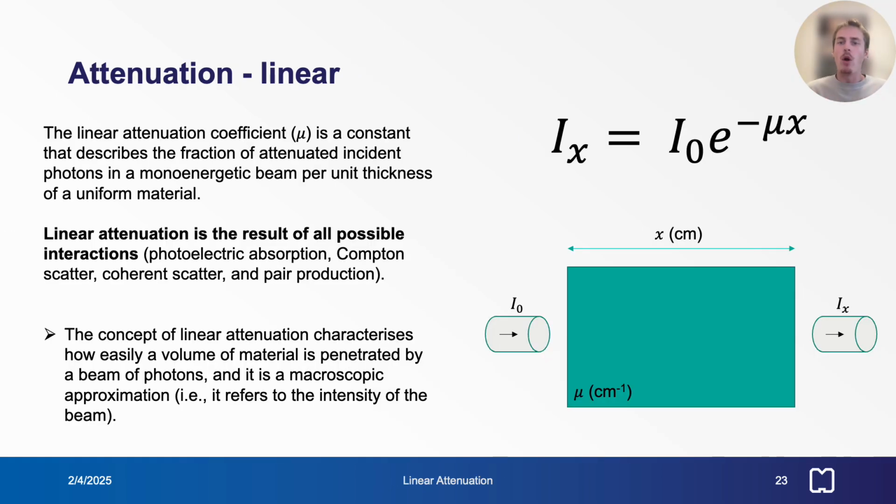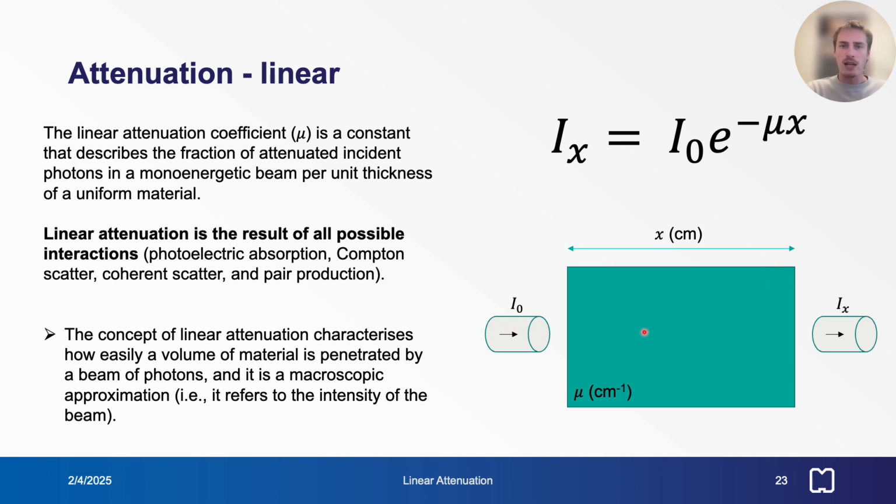Now, moving on from the basic interactions of radiation with matter, we introduce a concept called linear attenuation. The linear attenuation coefficient is a constant that describes the fraction of attenuated incident photons in a monoenergetic beam per unit thickness of a uniform material.